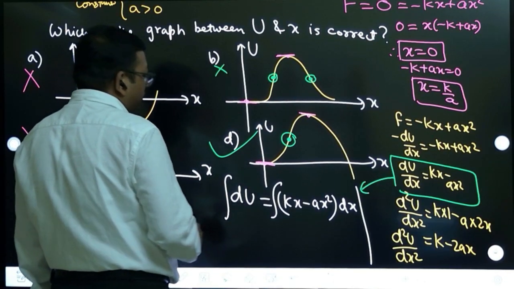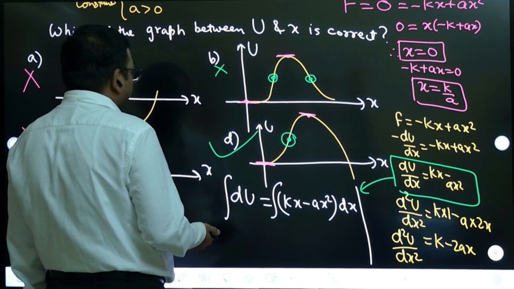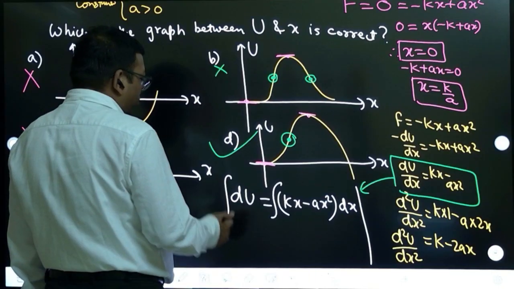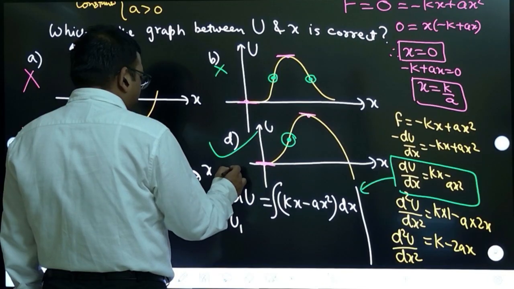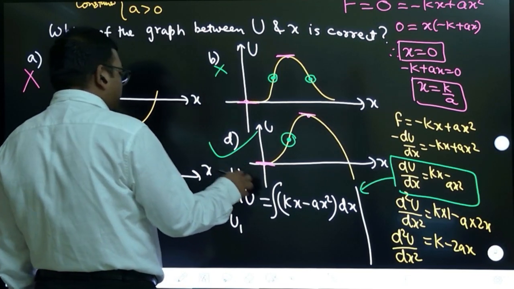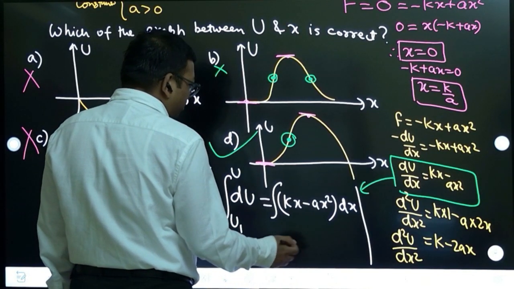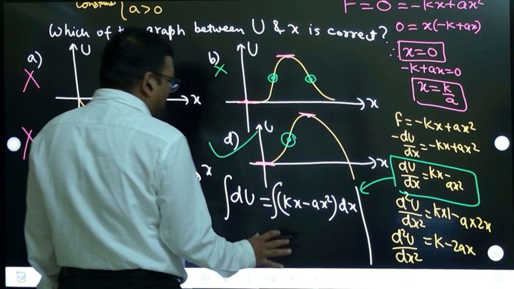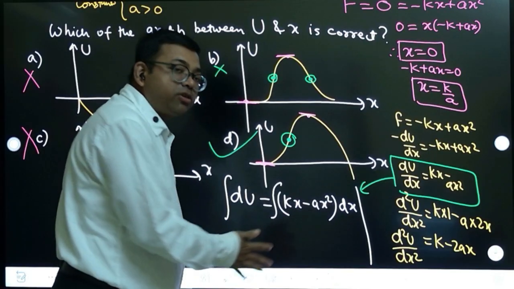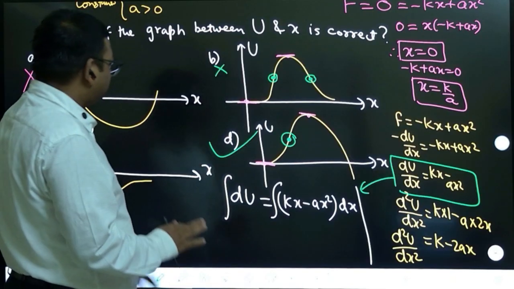Initial potential energy we do not know, so let us say initial potential energy is u1, and this is the potential energy at a distance of x. Or if you want, you can do integration without any limit, and we will add one constant of integration. That is called indefinite integration. So let us do integration without limit.